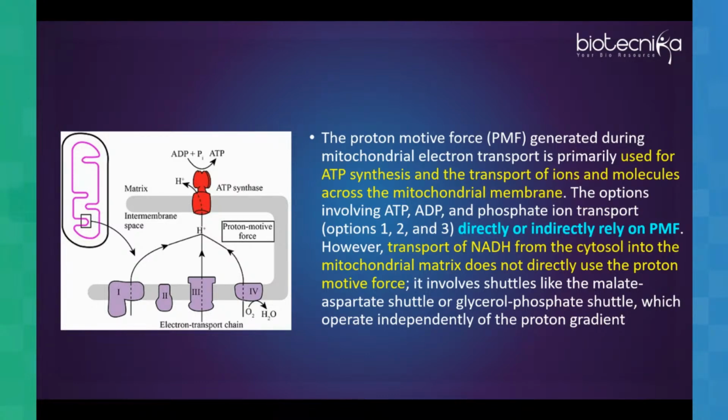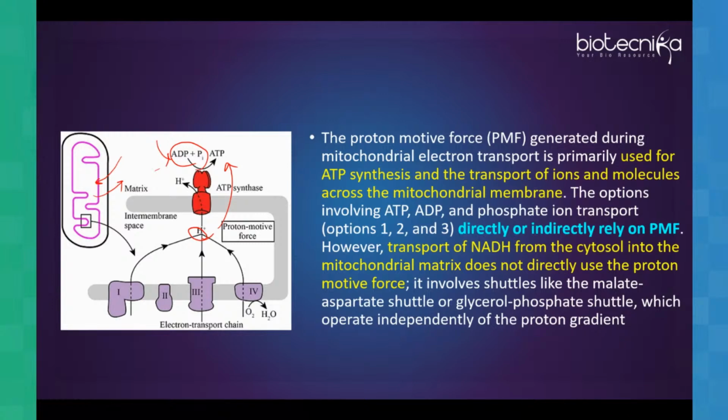And ADP and Pi, the raw materials, are required inside the matrix, so they have to come inside the mitochondria. How much PMF there is decides how much ATP synthesis happens, and based on that, how much ADP or ATP will be released or required, right?